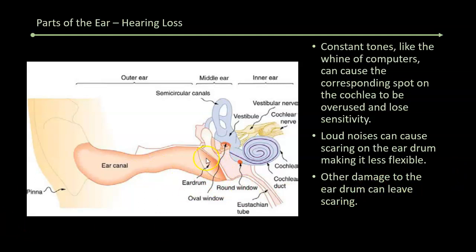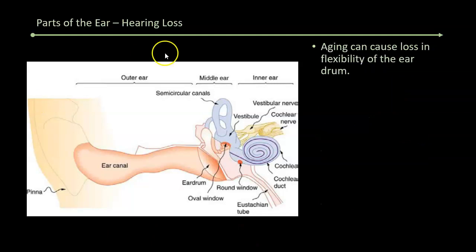And so the flexibility in the eardrum is another major way in which people lose hearing. There's also age-related loss of flexibility in the eardrum. And so as you get older, you can't hear as well. Why? Because your eardrum just doesn't have it anymore. Your eardrum just doesn't vibrate back and forth like it used to.